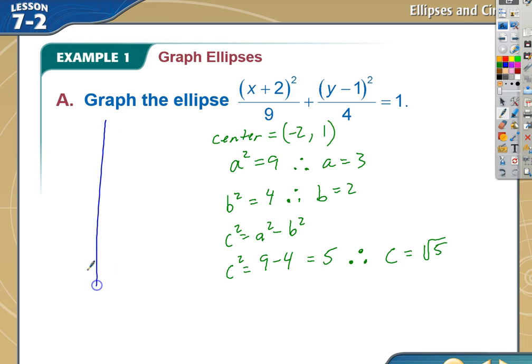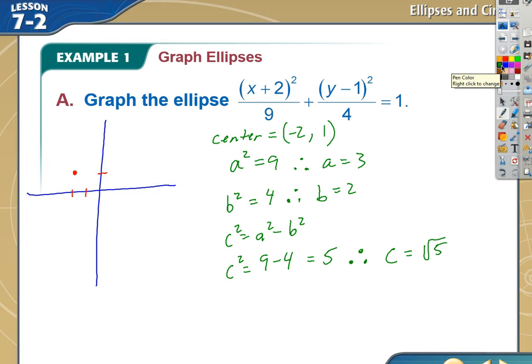Come over here. So first part, center, -2, 1. There's my center right there. And then I got to figure out A. This is my major axis, which means x, so my major axis is going to be parallel to my x-axis.